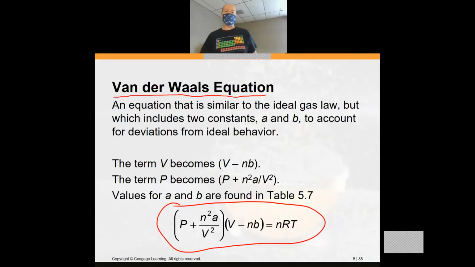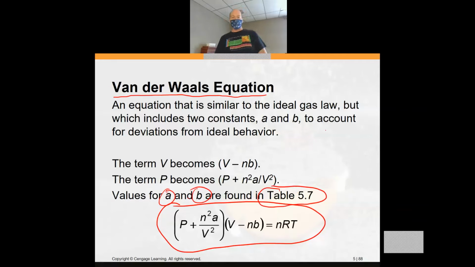The volume term becomes volume minus nb, and your pressure term becomes pressure plus n squared a over V squared. So you have these two new factors, a and b, for a given gas, and those are found on table 5.7.